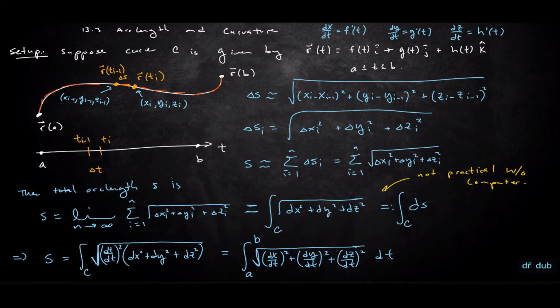Another way we could write that is the magnitude of r prime of t, dt. So that is the practical formula for calculating arc length by hand, for hand computation. And it's exact. It's the exact answer.